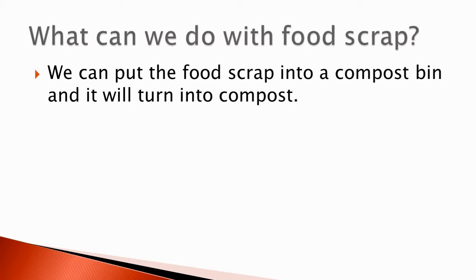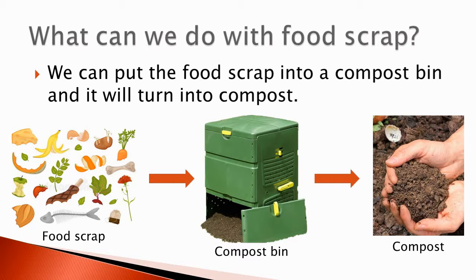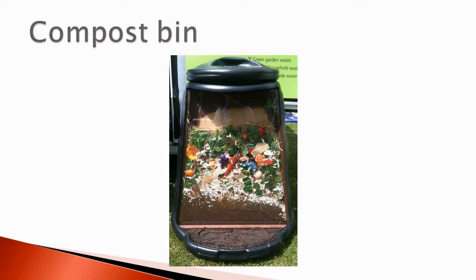Here's a picture showing each process. On the left, you can see a food scrap, in the middle, it's a picture of a compost bin, and on the right, it's a picture of compost. This is a picture showing what it looks like inside a compost bin.